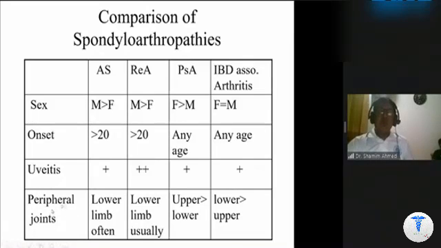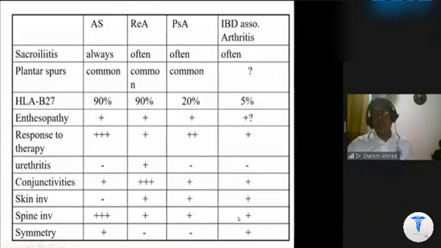Among the peripheral joint involvement, in ankylosing spondylitis and reactive arthritis, lower limb involvement is more than upper limb. In psoriatic arthritis, upper limb involvement is more than lower limb, and in IBD lower limb involvement is more than upper limb. And sacroiliitis is always present in ankylosing spondylitis, but in reactive arthritis and psoriatic arthritis it may be present.